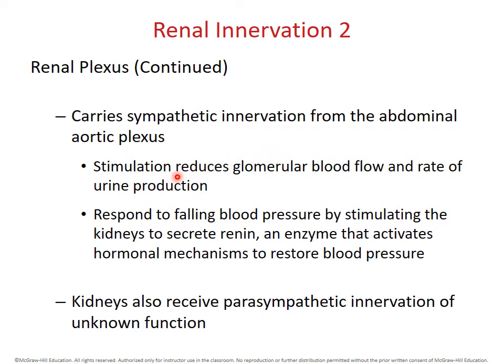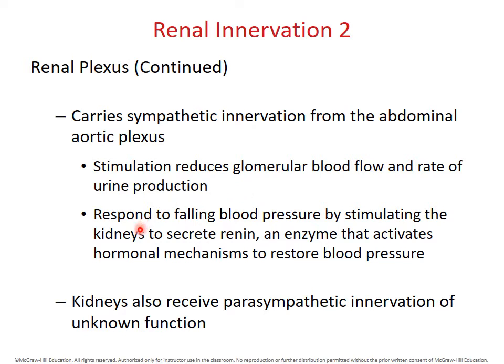During exercise, remember, we tend to shunt blood towards the muscles, and we reduce blood flow and activity of the kidneys just to conserve resources and send most of our resources to the muscular system. And so these autonomic fibers are important, as we'll see, in reducing glomerular filtration and glomerular blood flow.